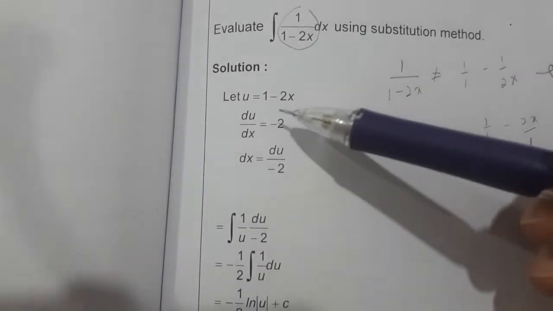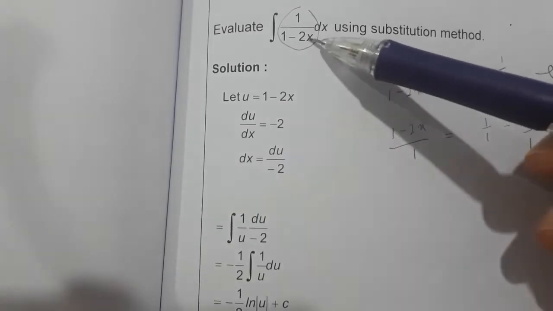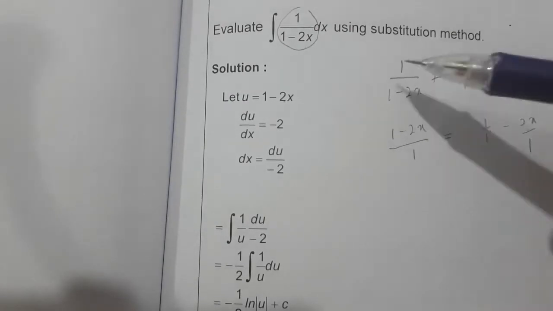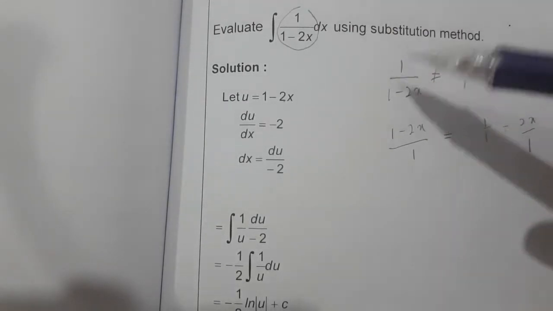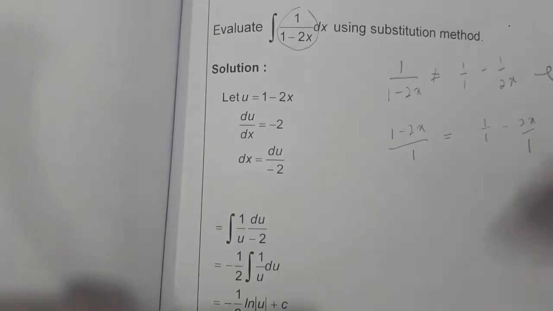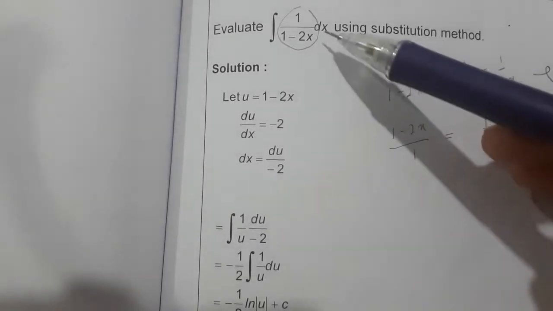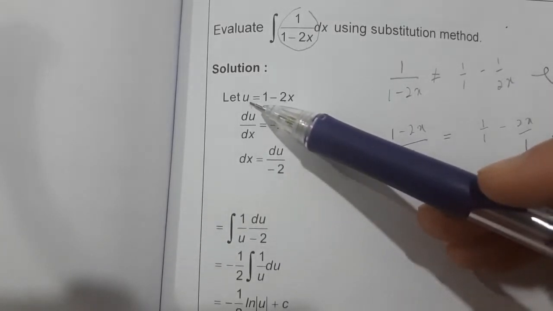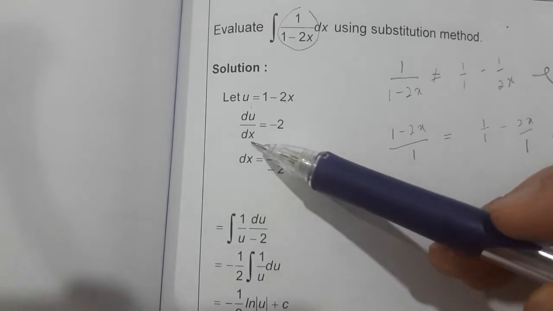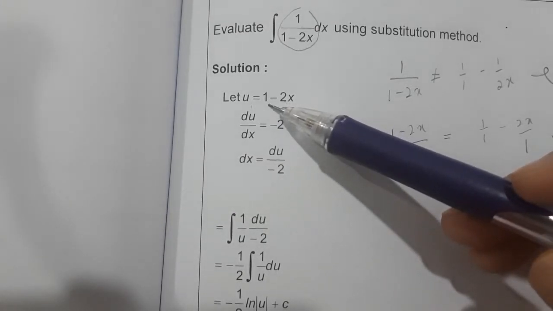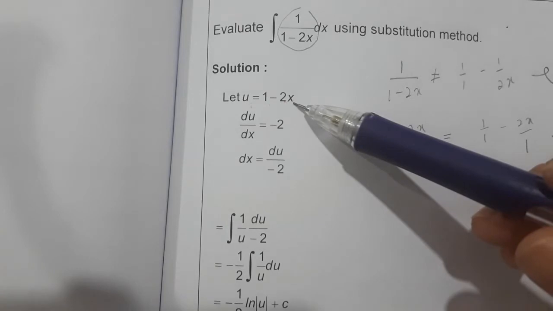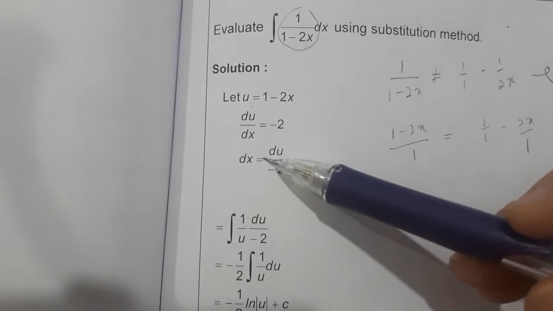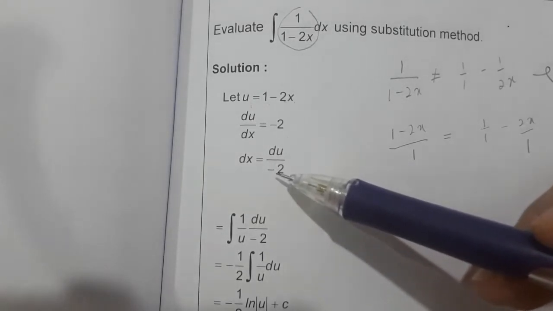We choose the denominator, 1 minus 2x equals u. Because the name of the method is substitution method, we must do some substitution. Kita akan buat penggantian. So we choose the denominator, substitute by u. Differentiate u in terms of x, we get du over dx. Differentiate 1, 0. Differentiate negative 2x, we get negative 2. And finally, we get dx equals du over negative 2.